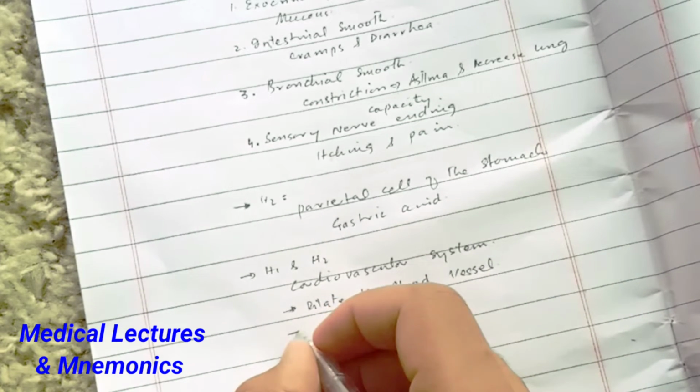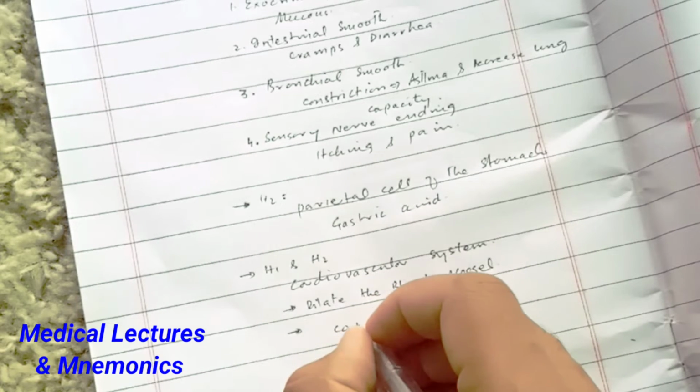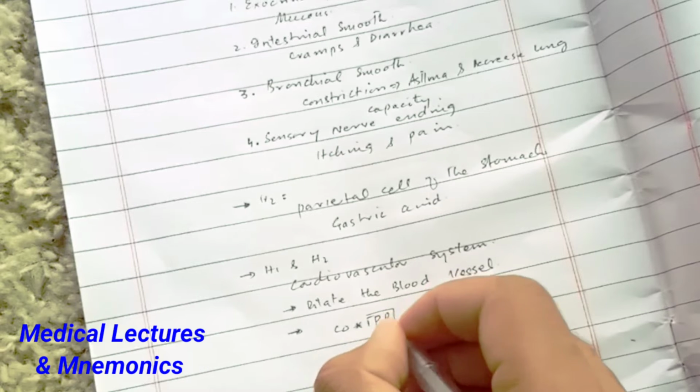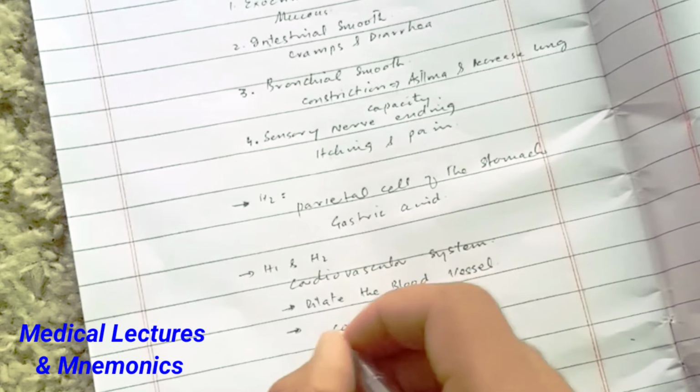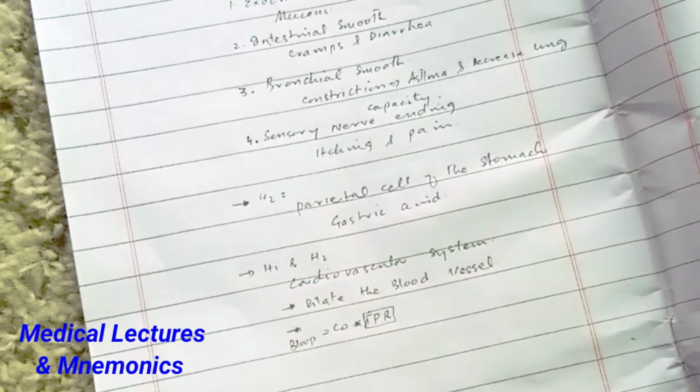Mainly, blood pressure is determined by cardiac output and total peripheral resistance. So when the blood vessels dilate, the total peripheral resistance will decrease, and blood pressure will also decrease.